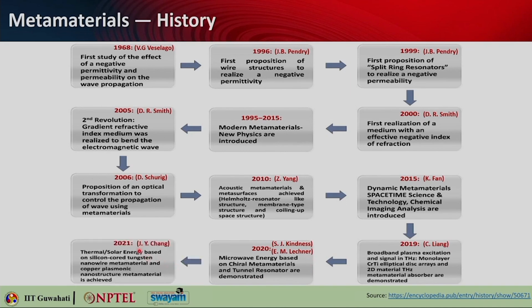And in 2021, thermal solar energy-based silicon core tungsten nanowire metamaterial and copper plasmonic nanostructure metamaterial were achieved. So as you can see, from 1968 to 2023, a lot has changed in this metamaterial field, from theory, from speculation to experimental demonstration. All these things have been possible over the years.